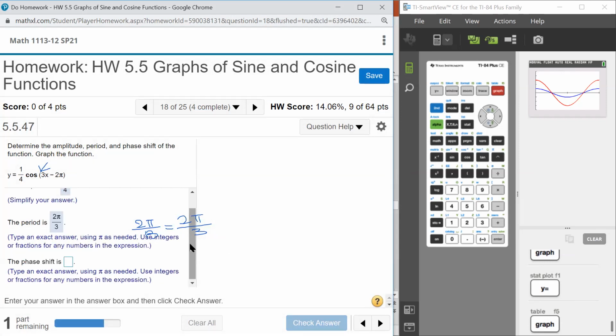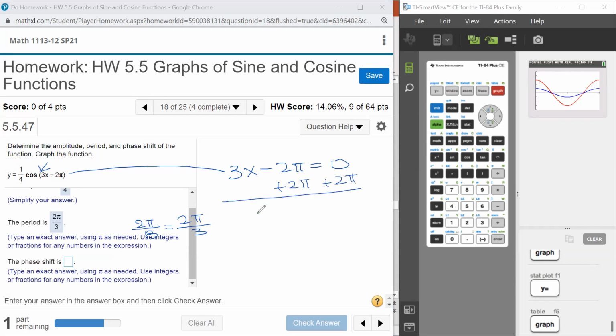And our phase shift is, we set what's inside the parentheses equal to 0 and solve for x. So let's add 2 pi on both sides and get 3x is equal to 2 pi. Divide both sides by 3, and we get x is equal to 2 pi over 3. Oh, so it's actually turned out to be the same thing. So our phase shift is 2 pi over 3 as well.